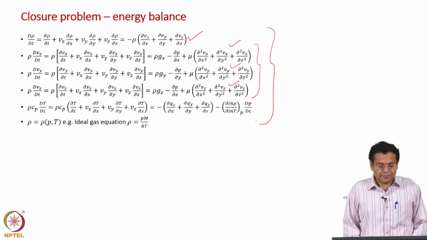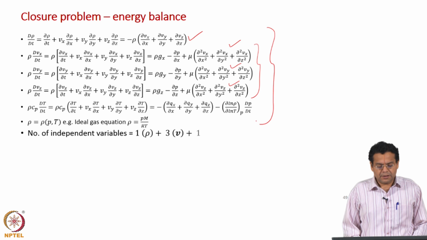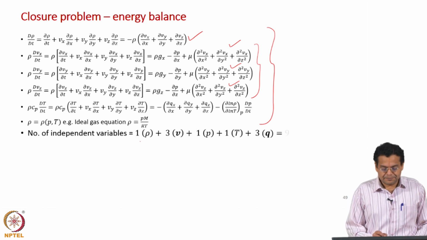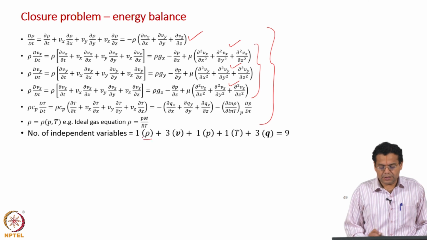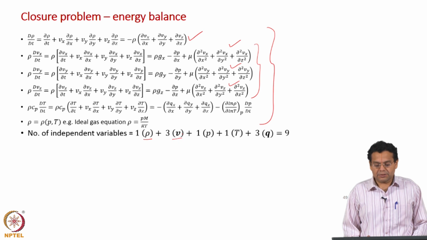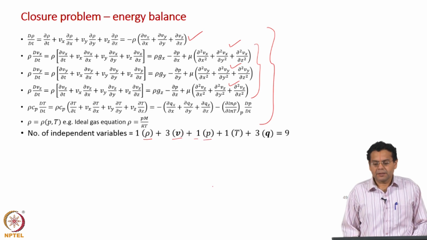Let us do a degree of freedom analysis. What are the number of independent variables? Like earlier, we have rho as one variable, 3 velocity components adds to 3 variables, pressure is one variable.